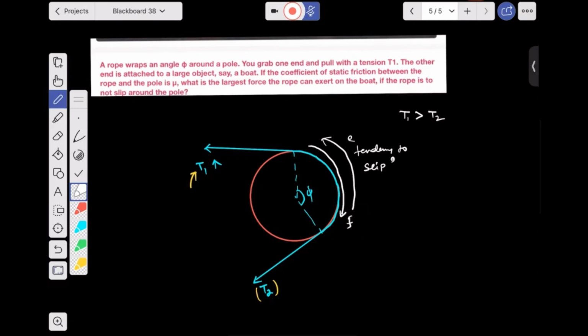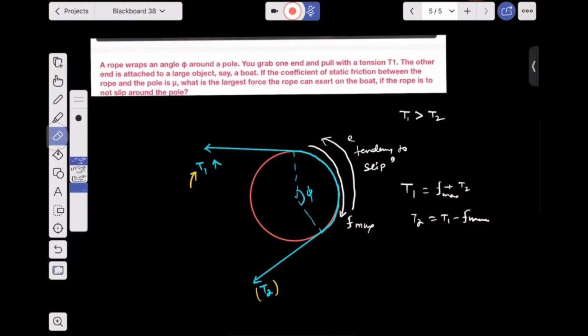In the case where slipping is about to begin, the friction force will be maximum. So we can write, thinking as if things are happening along that curvature, T1 equals F plus T2. So T2 equals T1 minus F max. So T2 will be maximum when the slipping tendency will be towards this side. No?